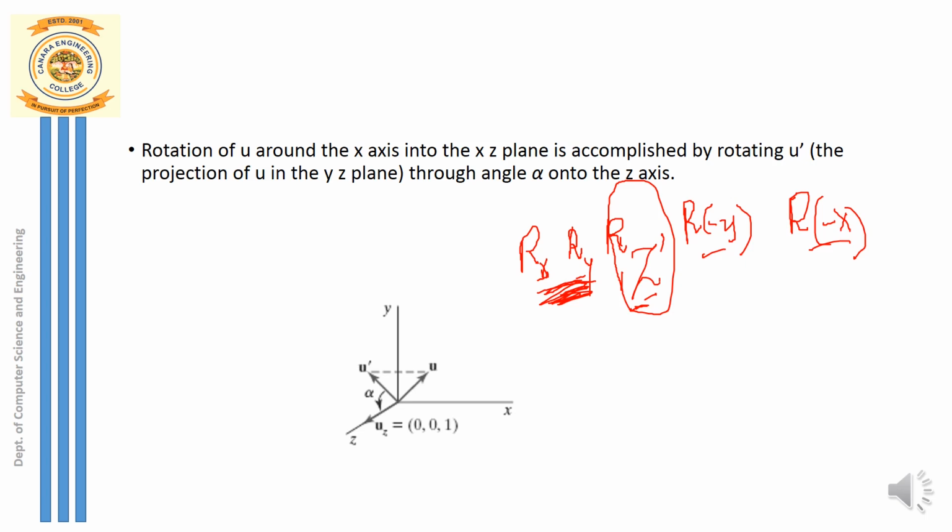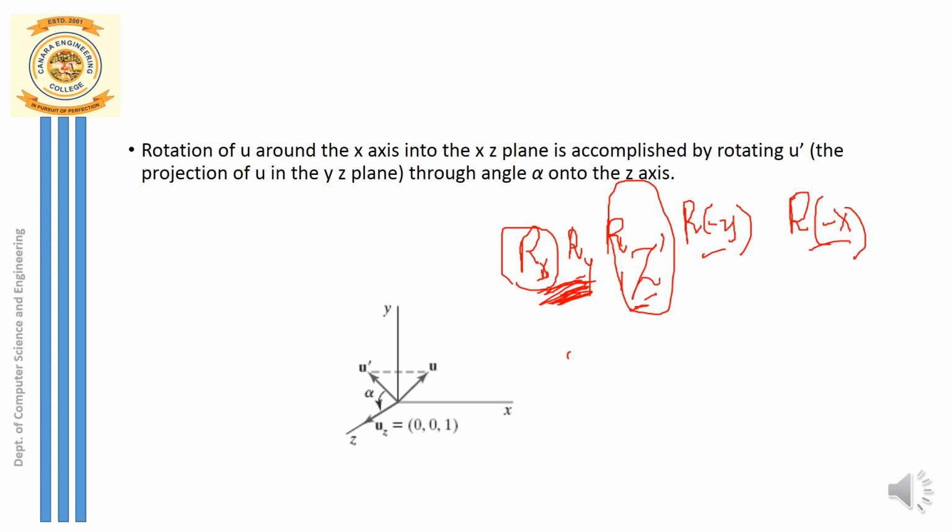Now how do I achieve this rotation along the x axis? First, you can see here a diagram where the rotation of a vector is carried out. This is a vector u which you are supposed to rotate along the x axis. But how do you rotate along the x axis?